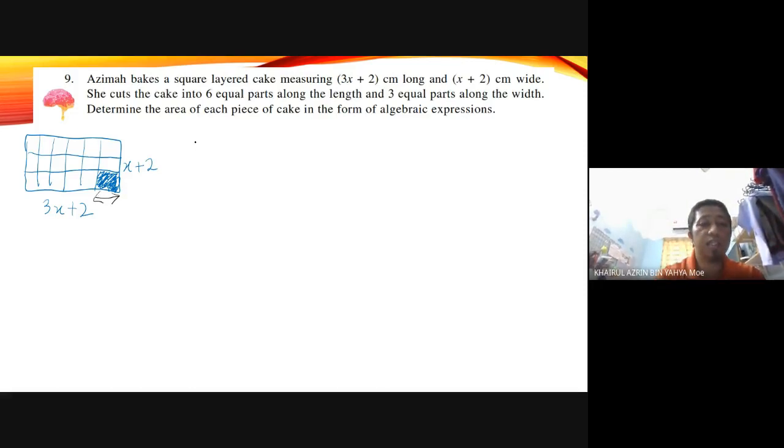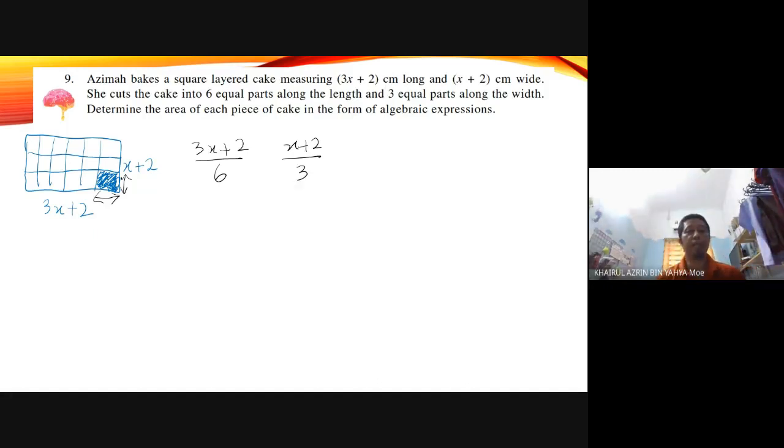This length here is actually 3x plus 2 divided with 6, because we have 6 equal parts. And then this height here is actually x plus 2 divided with 3, because we cut the cake into 3 equal parts.